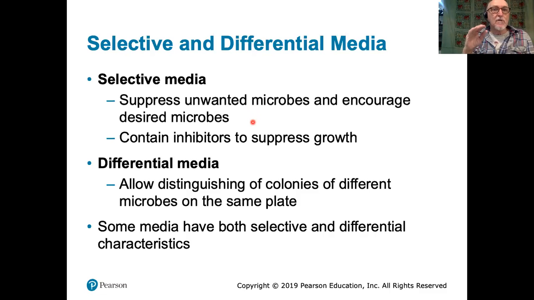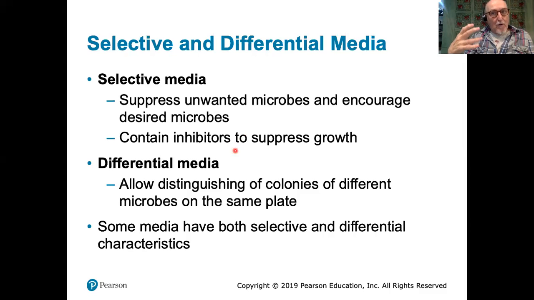So selective media usually contain something in them which inhibits growth of the ones that we are not interested in. And typically, for example, there are media which will suppress the growth of gram-negative bacteria, say. And those will encourage the growth of gram-positives. The other way around too. There are media which will suppress gram-positives and allow gram-negatives to grow. Now, those would be selective.